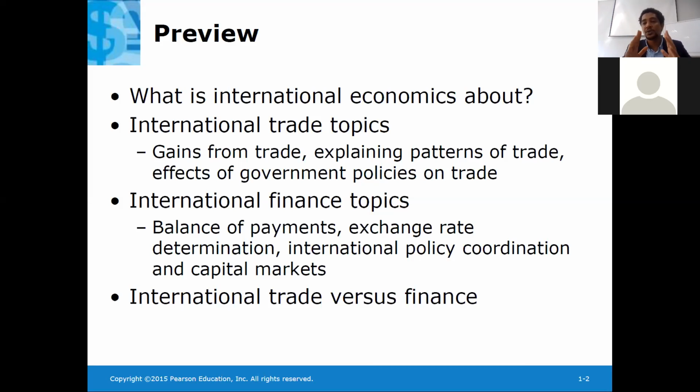Because these two cities are located within Korea. But Korea could also trade with China, with Africa, with Europe. That we call international trade, right?